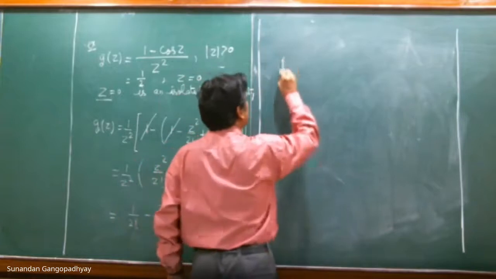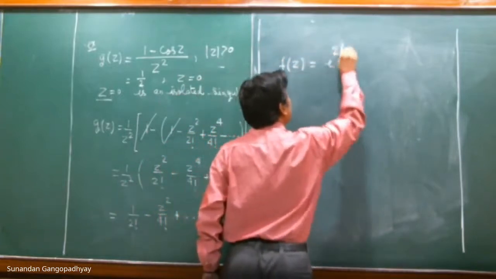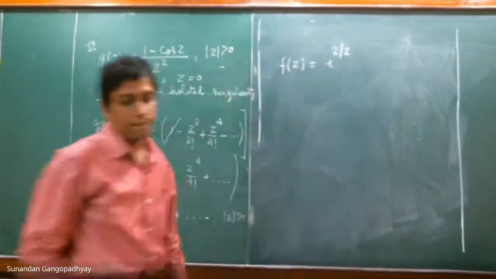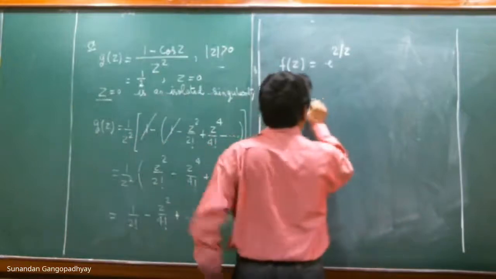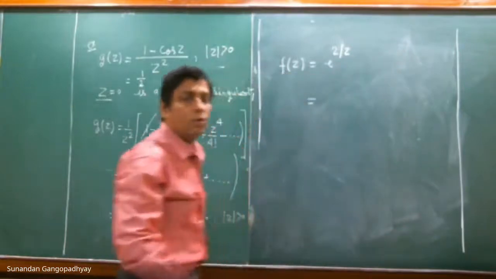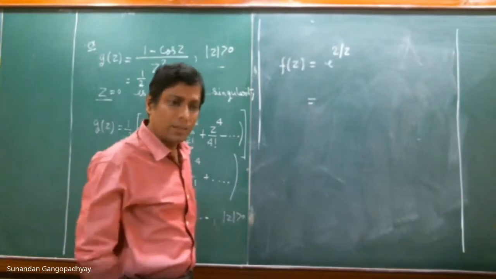Let us take the function f of z is equal to e to the power of 2 by z. Just expand. You know the expansion of the function e to the power of z. We have done it today.